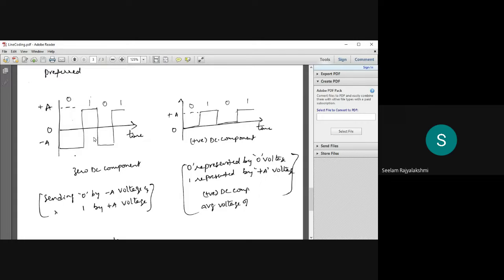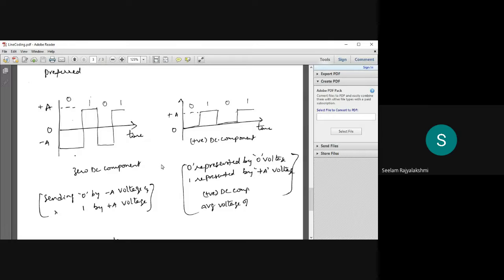In line coding, a signal with non-zero DC component is treated as distorted, and it can create errors in the received signal. So we have to consider the zero DC component to get good results.